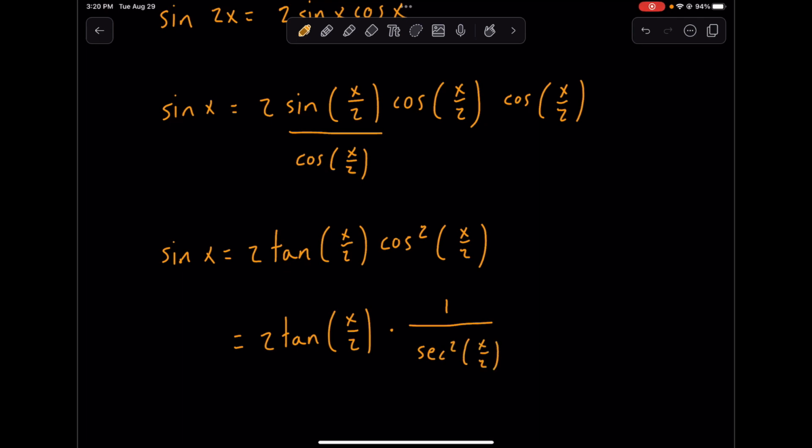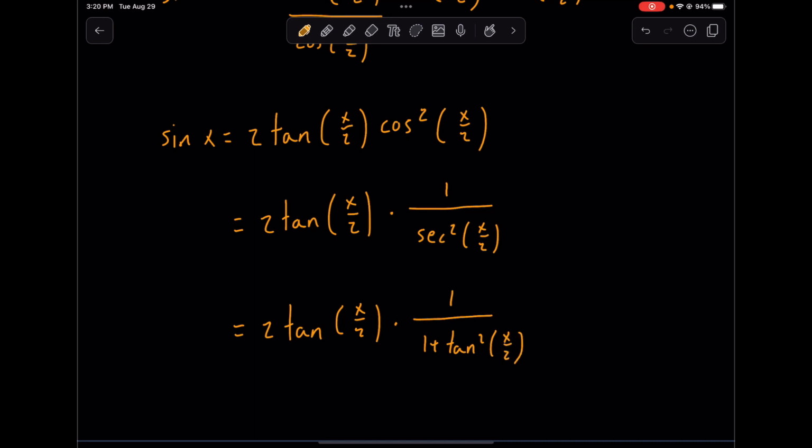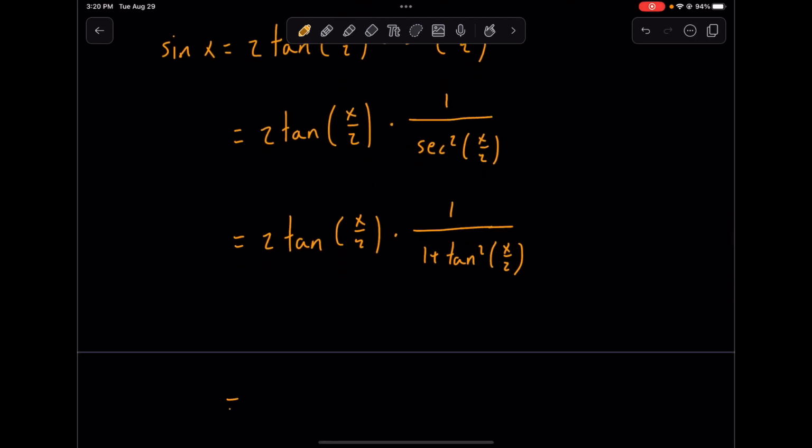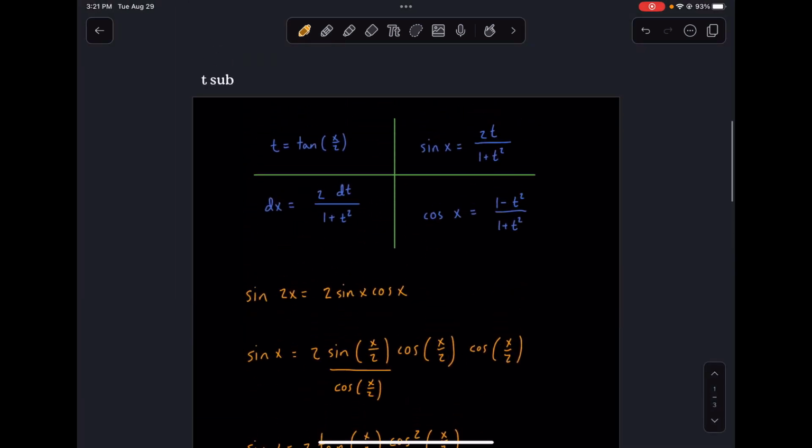And we know that secant squared of x over 2 is equal to 1 plus tangent squared of x over 2. So this is 2 tangent x over 2 times 1 over 1 plus tangent squared of x over 2. And that's another trig identity. So now we can simplify this: 2 tangent of x over 2 is just t, over 1 plus t squared. And that is how you prove the sine substitution.